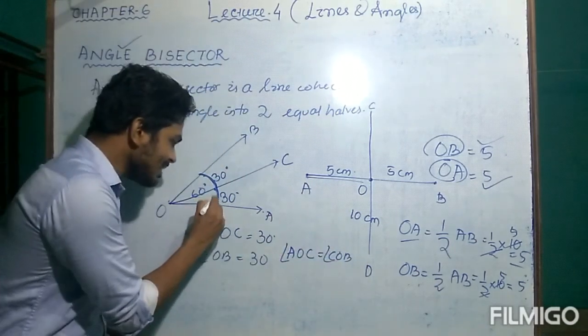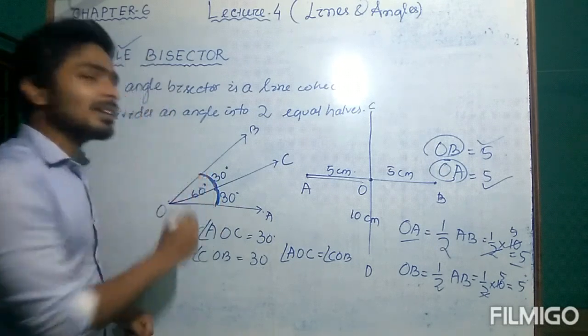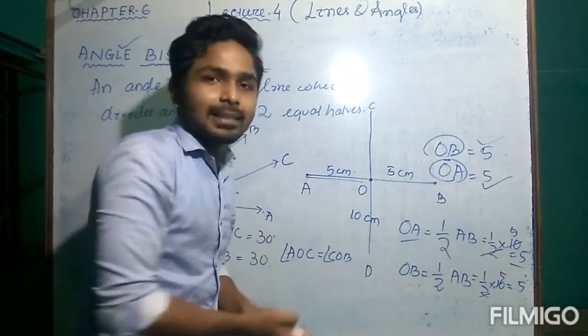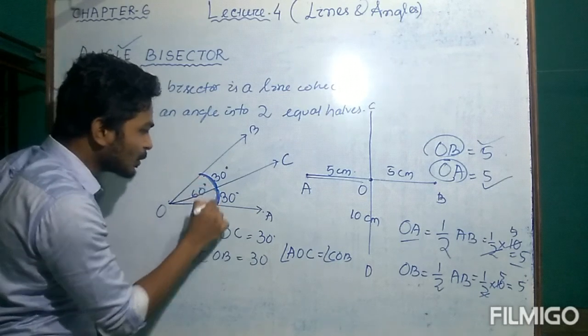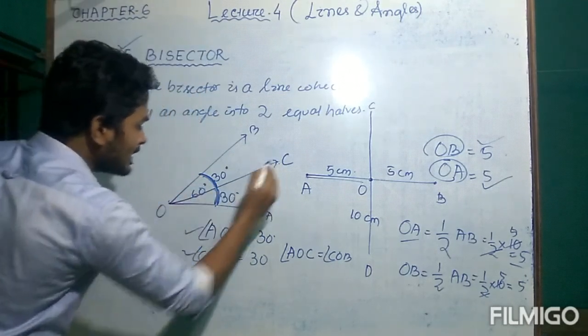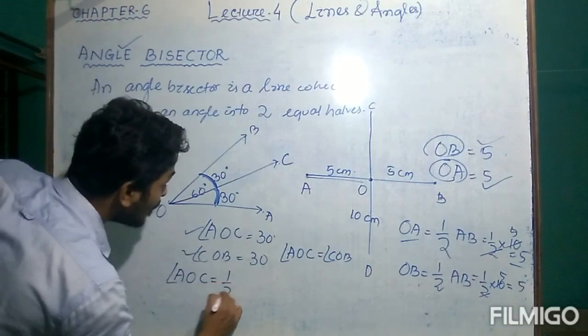And the second thing is this angle is half of the total angle. Like this part is half of the total length, similarly this angle is half of the total angle. So you can write AOC is equal to half of the total angle.